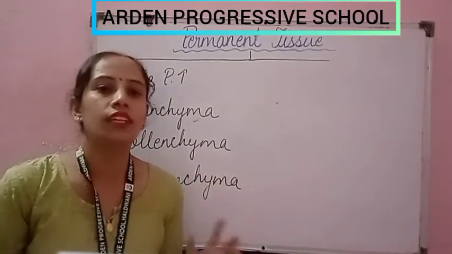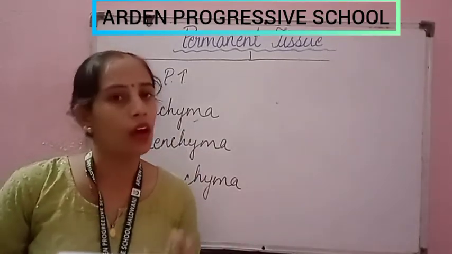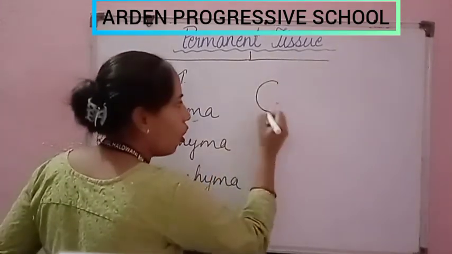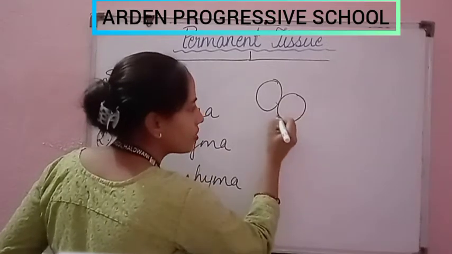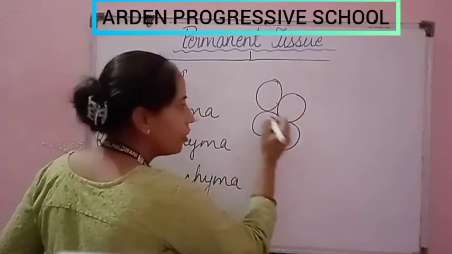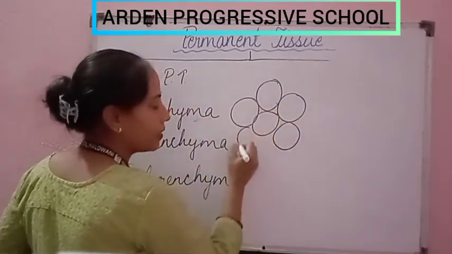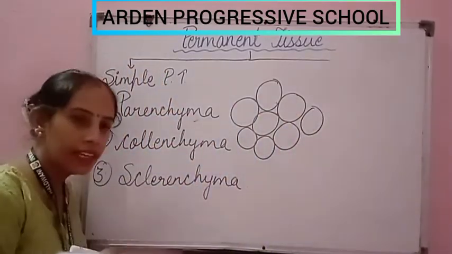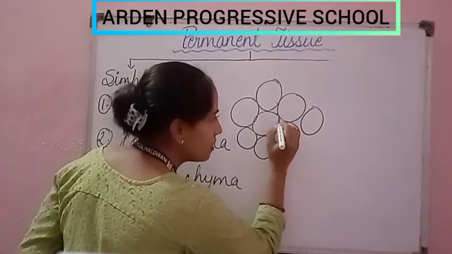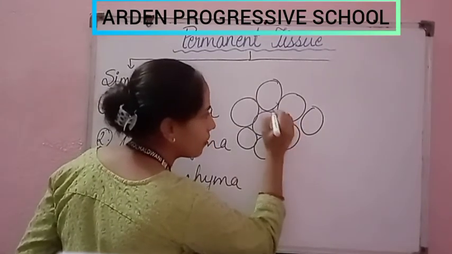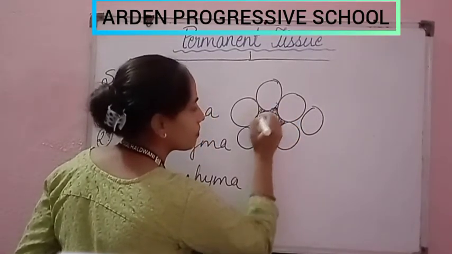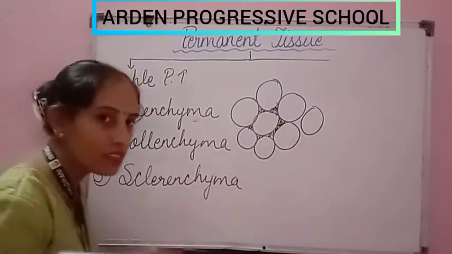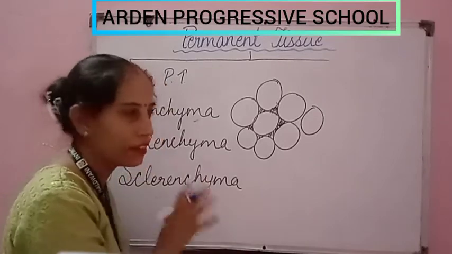Now the first one is parenchyma. The cells of the parenchymatous tissue are living cells. They are generally rounded or oval in shape. And here you can see in this way the parenchymatous cells are arranged. And in this figure you can see some spaces here. So what are the characteristics of the cells of the parenchymatous tissue?